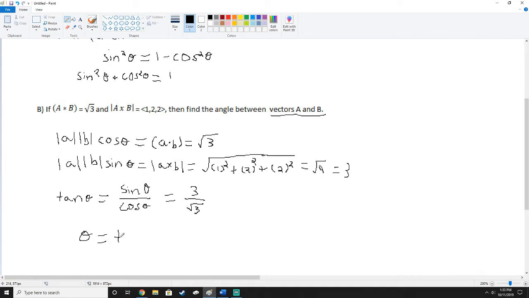So it's shown as theta is equal to inverse tangent of 3 over root 3. And if we plug this into our scientific calculator, we'll see that this is equal to 60 degrees, which is the angle between vectors a and b.